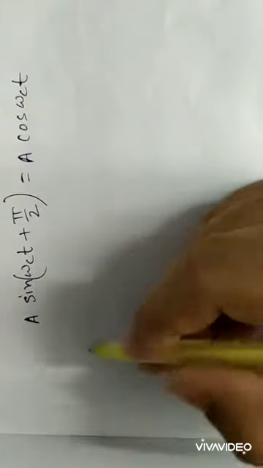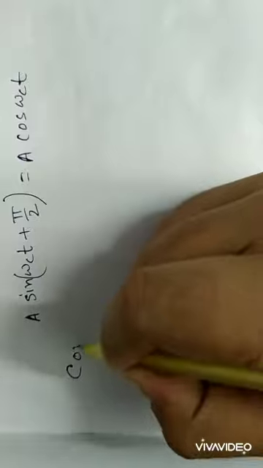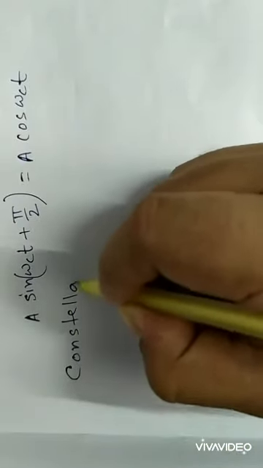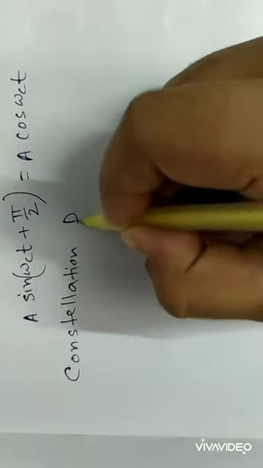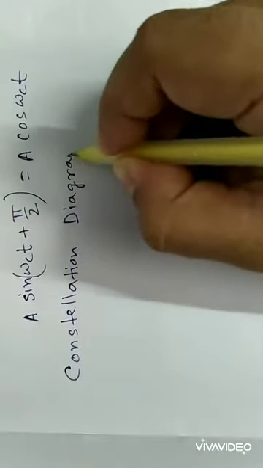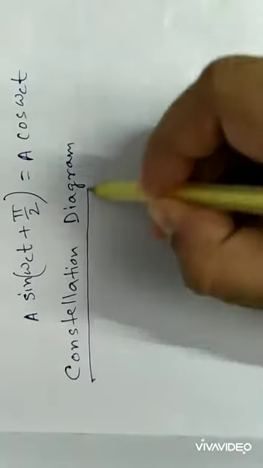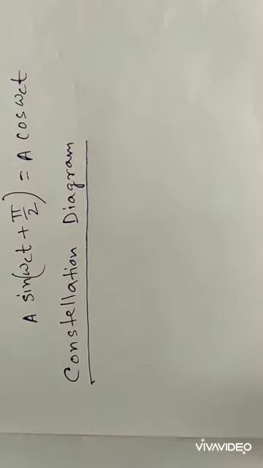Now the next part is the constellation diagram of QPSK. We know what a constellation diagram is. We have already plotted constellation diagrams for ASK, PSK and FSK.